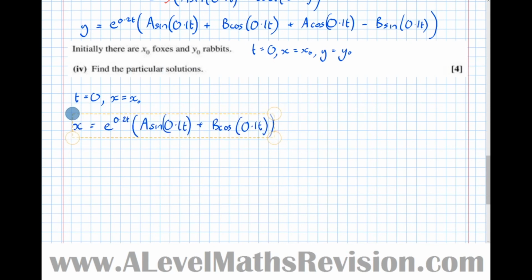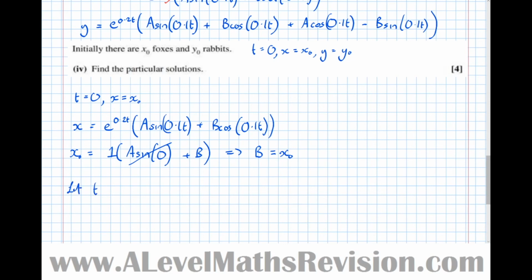There it is there. So I get x0 equals, so e to the 0.2t when t is 0 is just 1. And sine of 0 is nothing, so that disappears. Plus b, so a sine of 0 disappears, plus b. Which means that we get b equals x0. Let's do the same thing for y now.